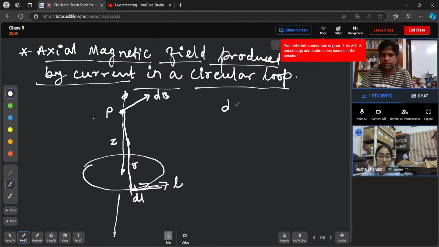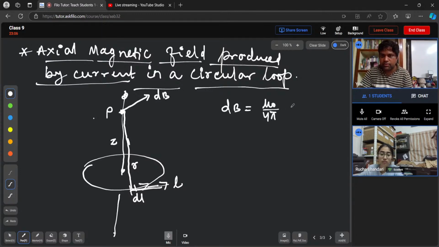So the magnitude of dB as per Biot-Savart's law is mu naught by 4 pi, I dl sin theta by r square.